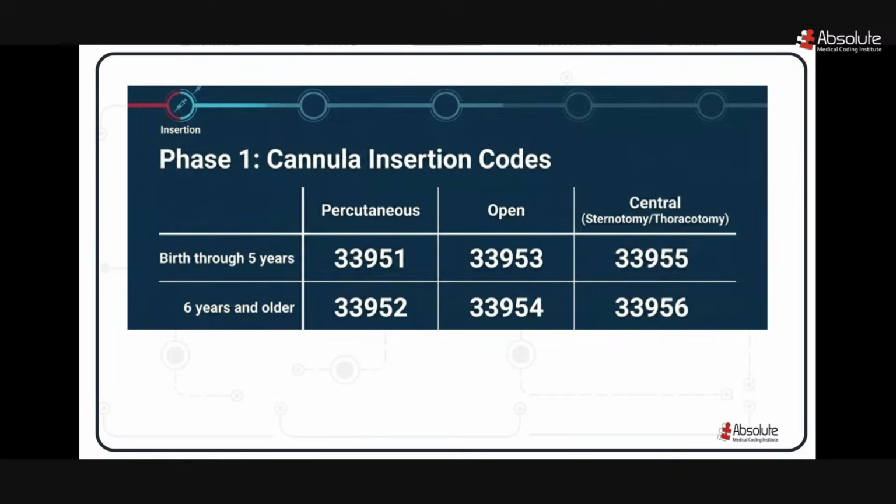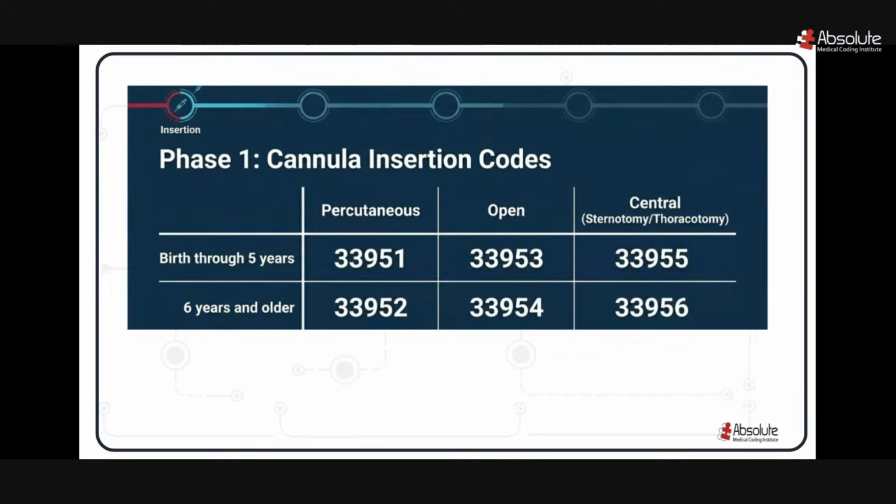So age is actually classified into two. One is birth through 5 years. The second one is 6 years and older. And for approach, there are 3 possible approaches for the insertion procedures. First one is the percutaneous approach. This is the least invasive method, where a needle puncture is used for access to the vessel, followed by cannula placement.